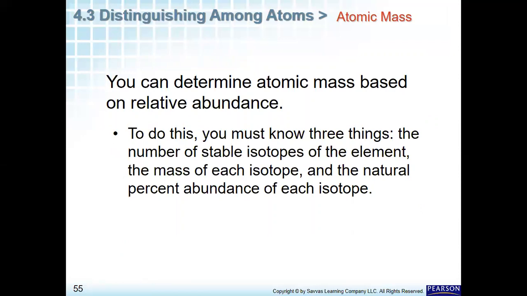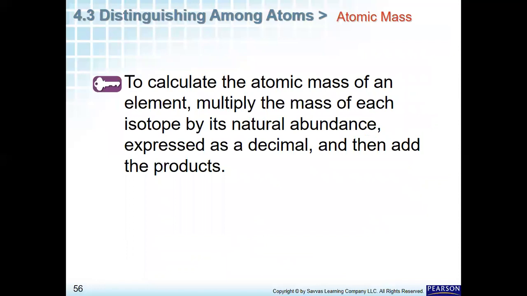To do this, you must know 3 things. Number 1, the stable isotopes of the element, copper 63 and 65. Number 2, the mass of each isotope. And the natural percent abundance, I have to know that too.